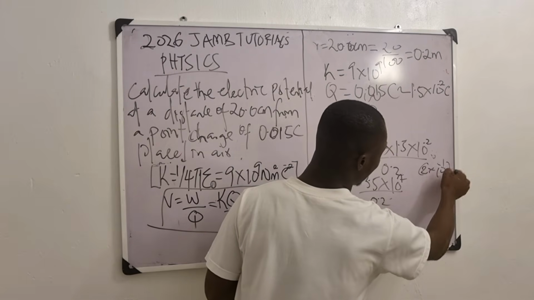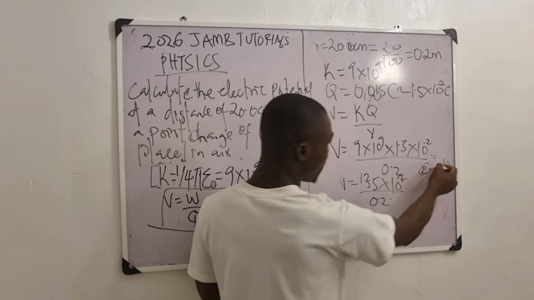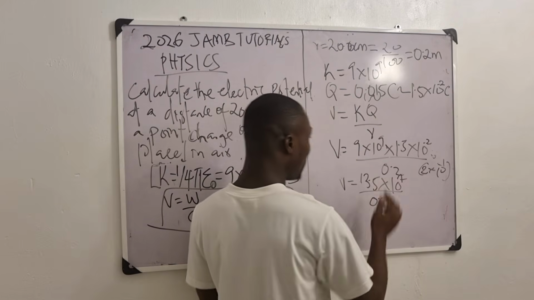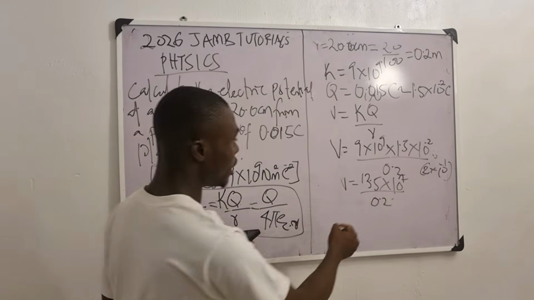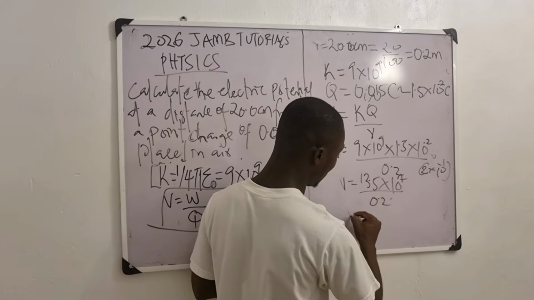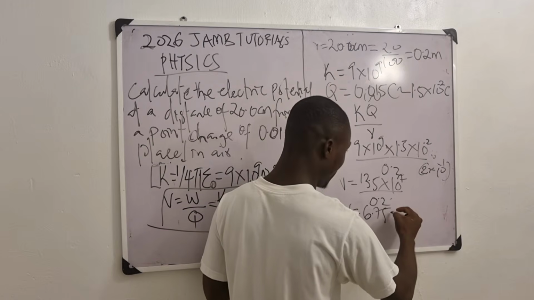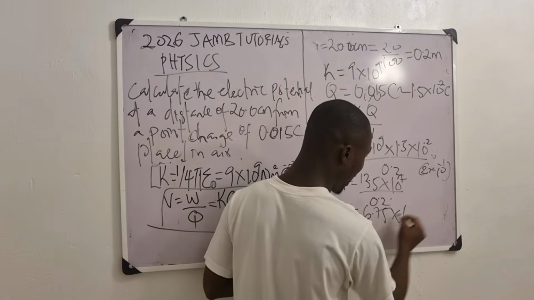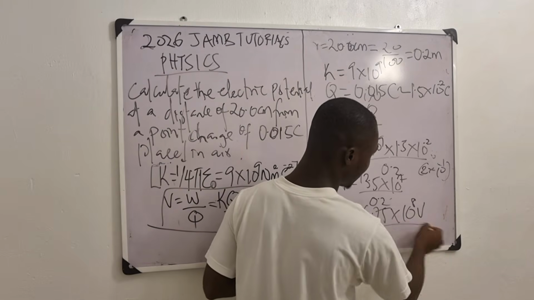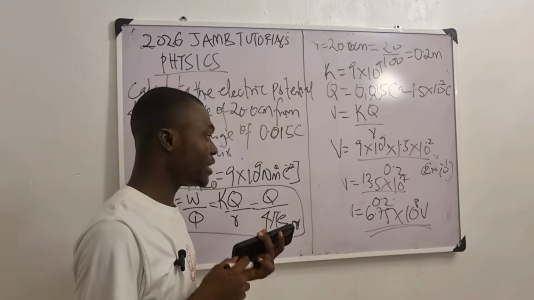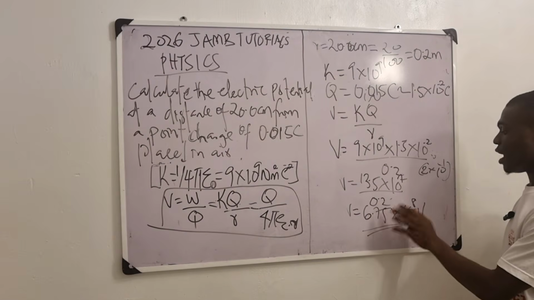Then 13.5 divided by 2 gives us V equals 6.75 times 10 to the power 8 volts. That is the answer.